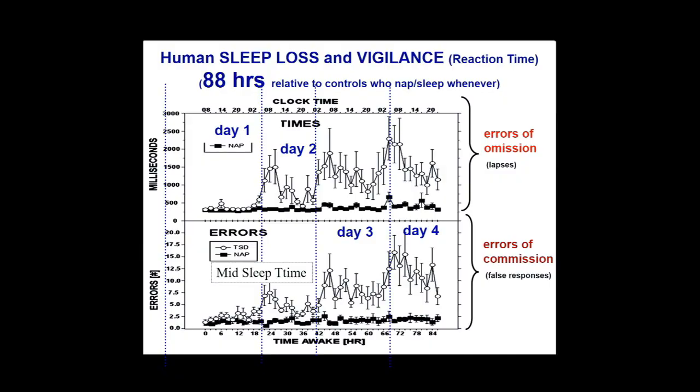So what happens if you don't sleep at all? Well, this experiment's been done. These are healthy human subjects, 22 to 30 years old, who are kept awake, who are allowed to nap or sleep whenever they want for 88 hours. So the dark line down, and this is reaction time.